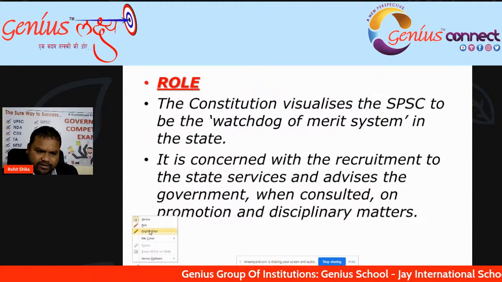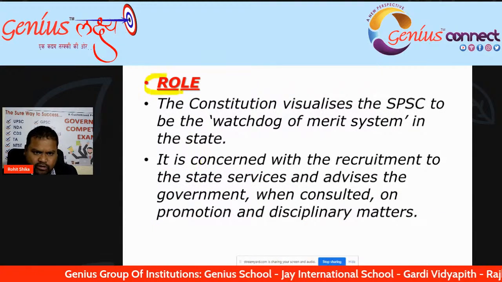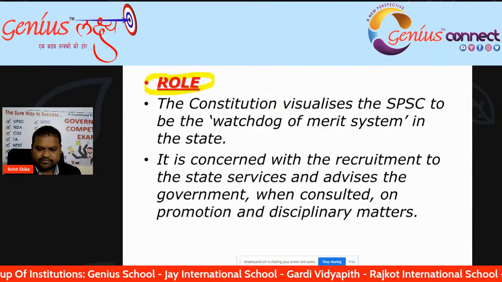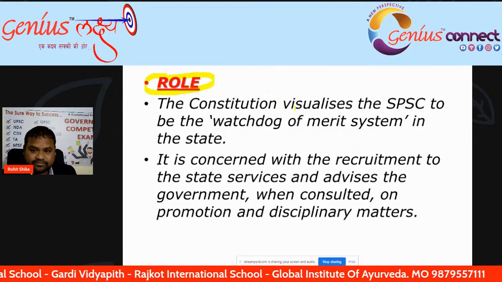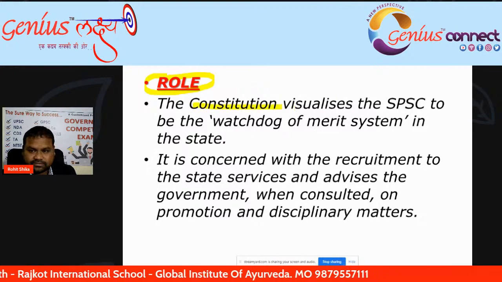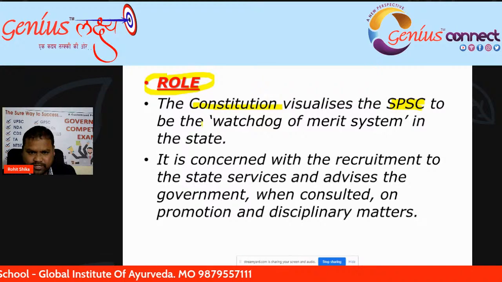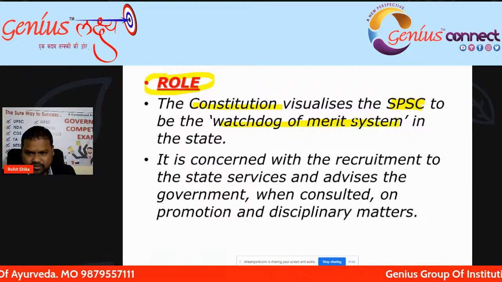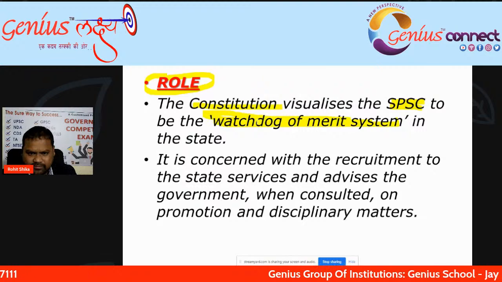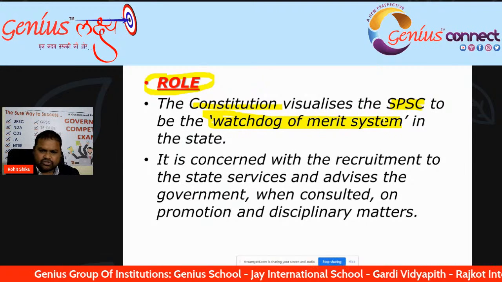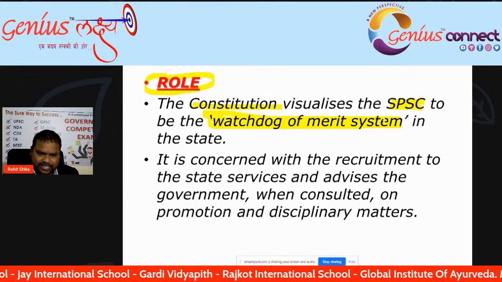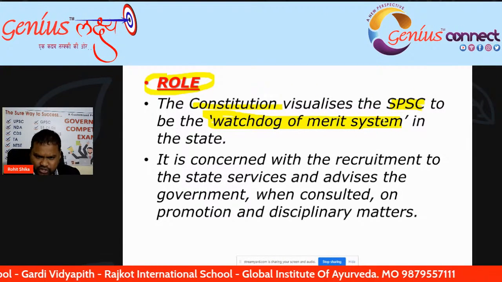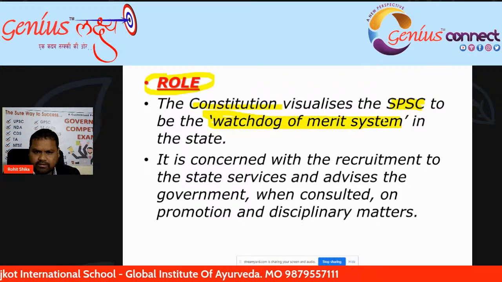Now we will understand the role of State Public Service Commission. The Constitution visualizes the State Public Service Commission to be a watchdog of merit system. So, the main job of State Public Service Commission is to take care of the merit system in the state government jobs.